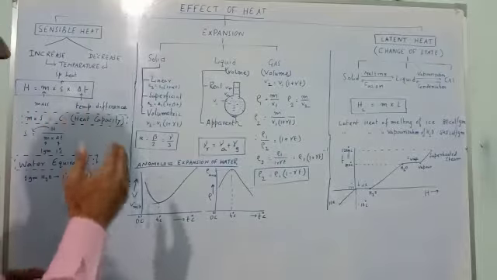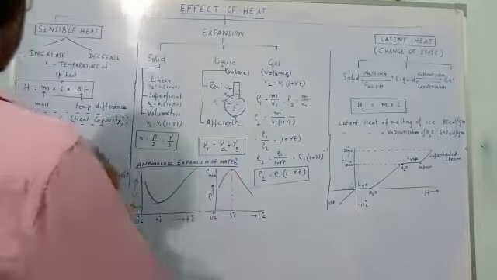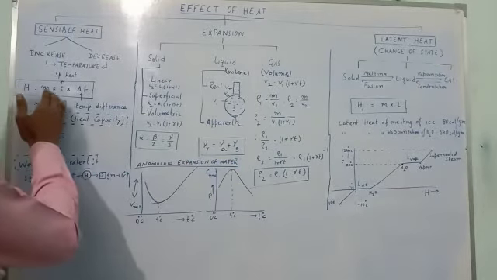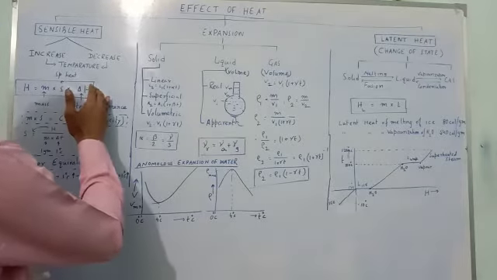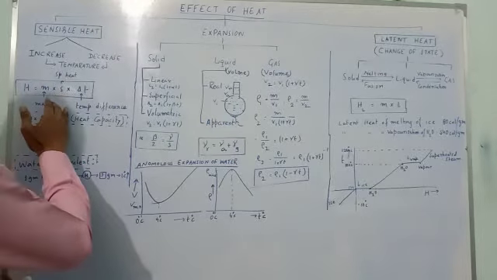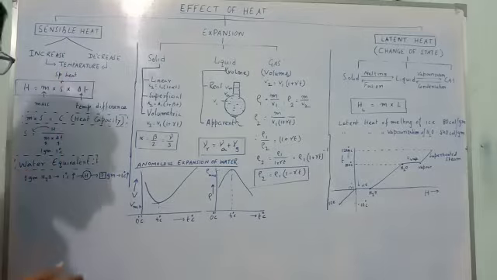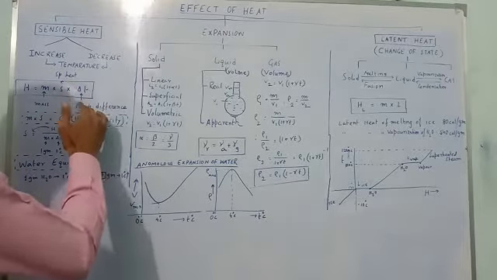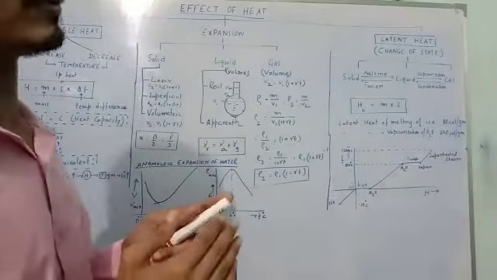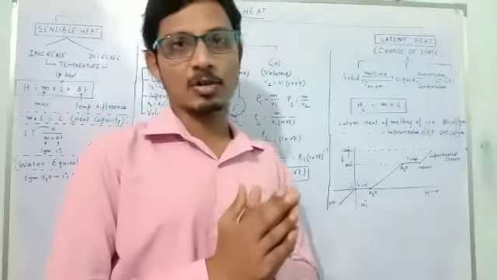That quantity of heat is H equal to m into S into delta T, where m is the mass of the object, S is the specific heat of the object, and delta T is the temperature difference between the hot object and the cold object.